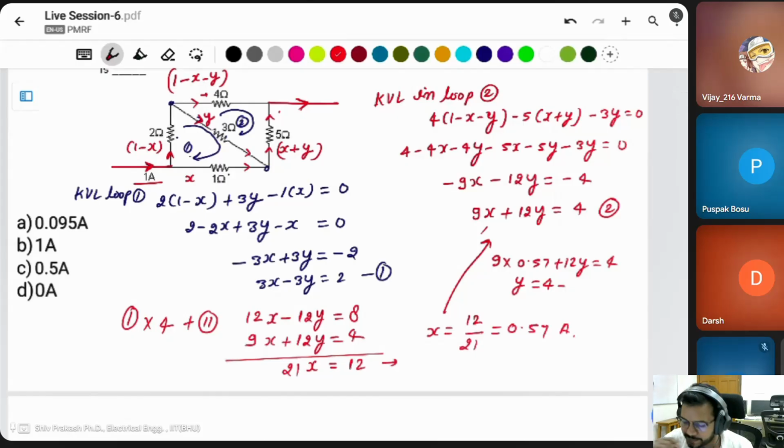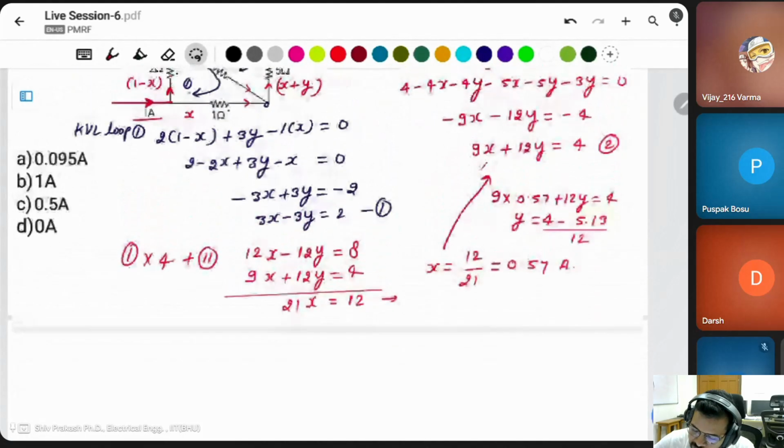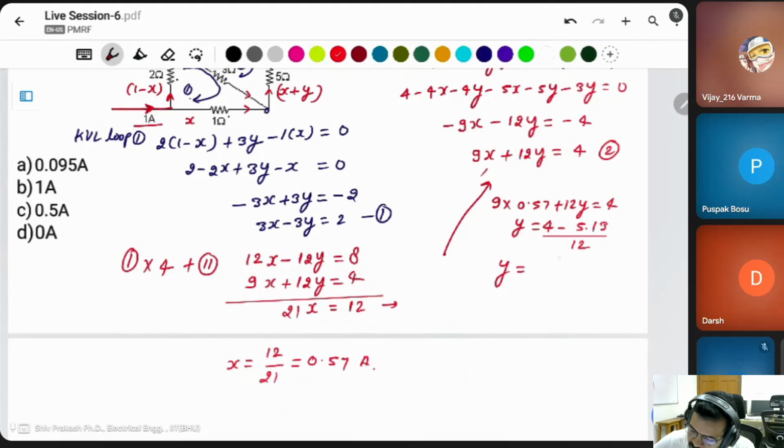Loop is completed. Then this is 4 minus 4X minus 4Y minus 5X minus 5Y minus 3Y is equal to 0. Then 4X minus 9X, 4Y minus 5Y minus 3Y minus 12Y is equal to minus 4. This will be 9X plus 12Y is equal to 4.